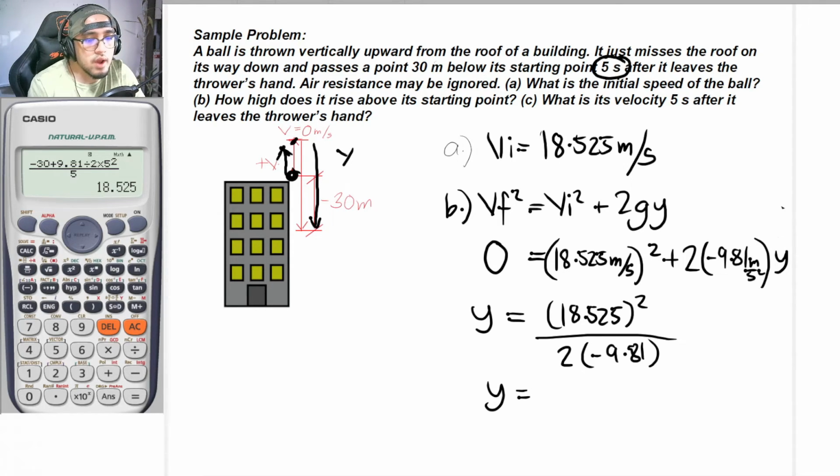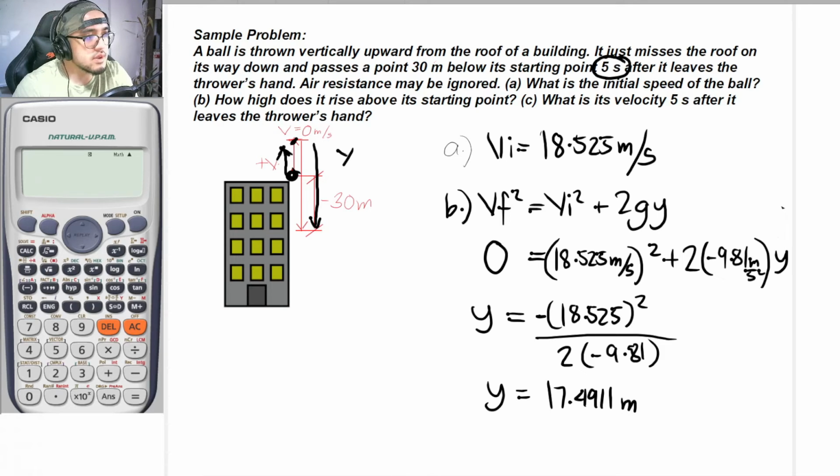Oops, I'm sorry, this should also be negative. So negative 18.525 squared, there should also be a negative value at the top. So with that, our answer here is 17.4911. This is now the value for y.